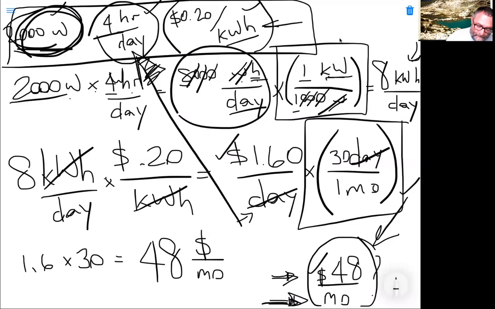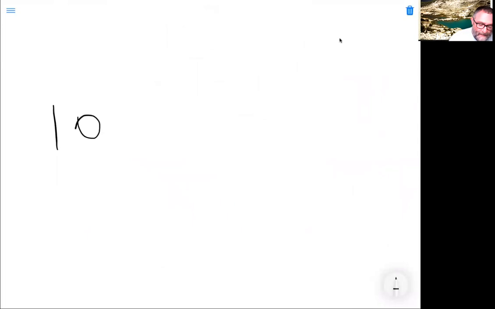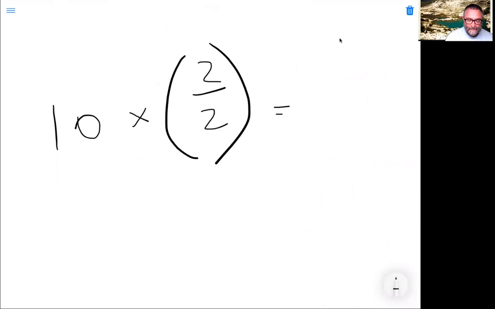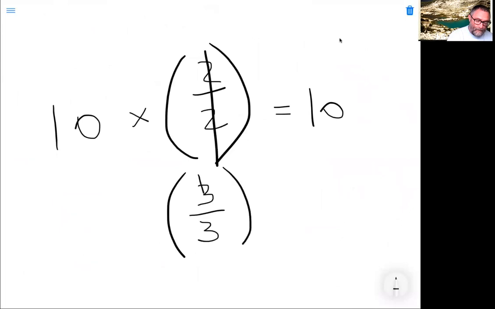If I had 10 multiplied by 2 over 2, that's still 10, right? Because 2 over 2 is a 1. Anything that is equal top and bottom is the same as 1. It doesn't really change anything, right?